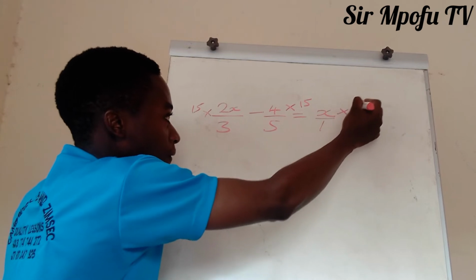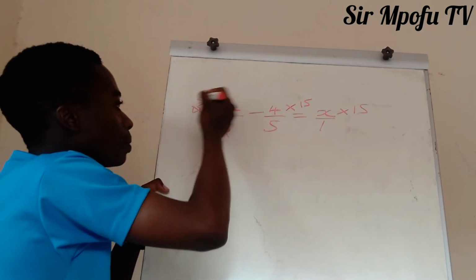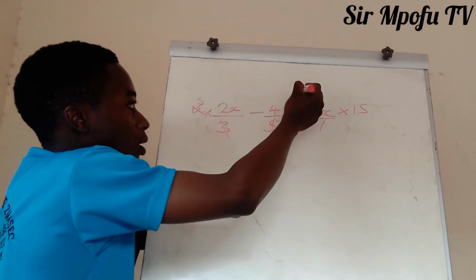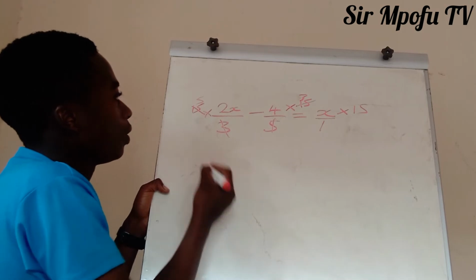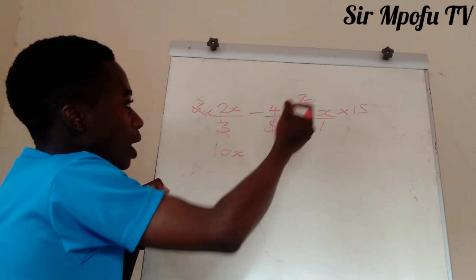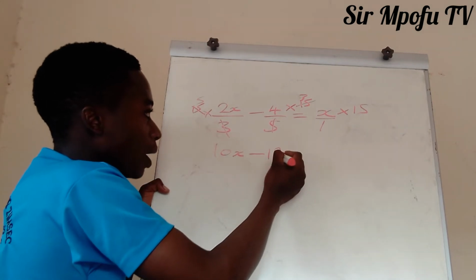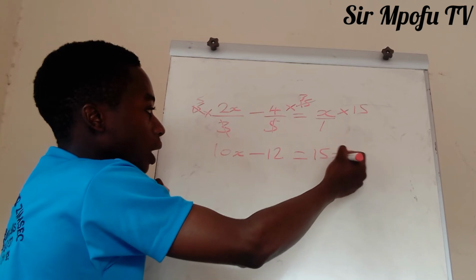Then you just divide. 3 here, it's 5 times, and 5 here, that is 3 times. Then 5 times 2, that will be 10x. And 4 times 3 is 12, minus 12 equals x times 15, that will be 15x.